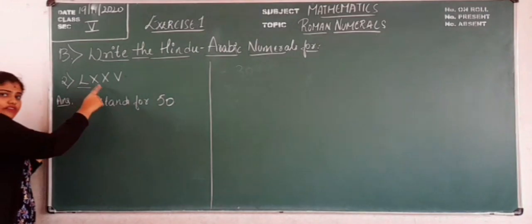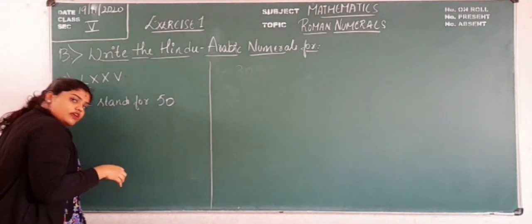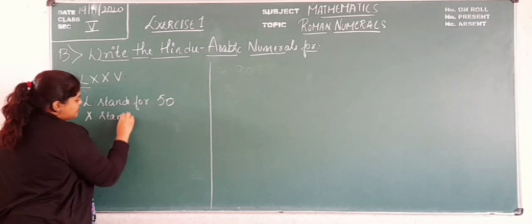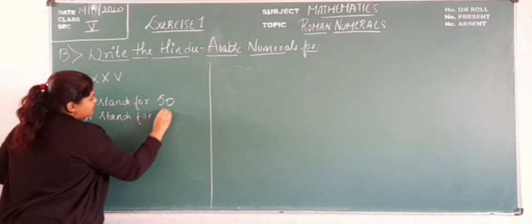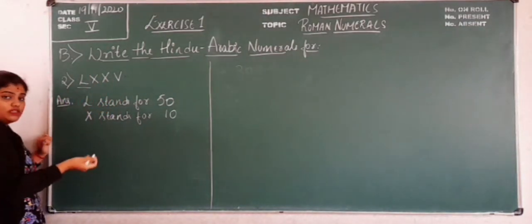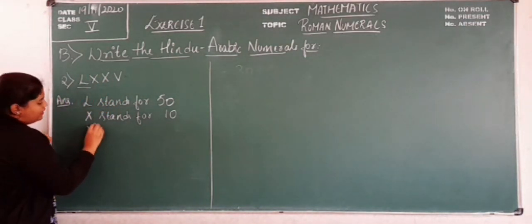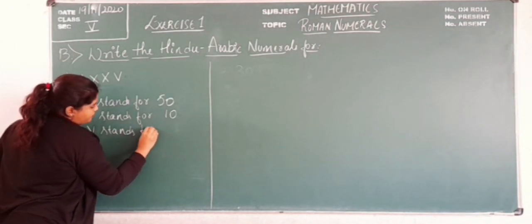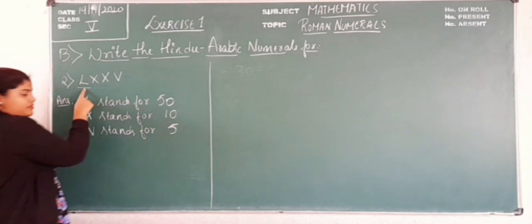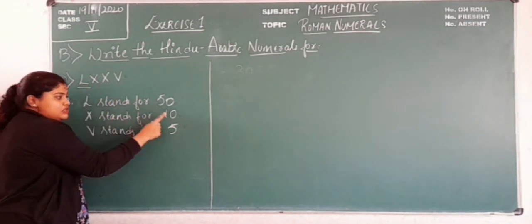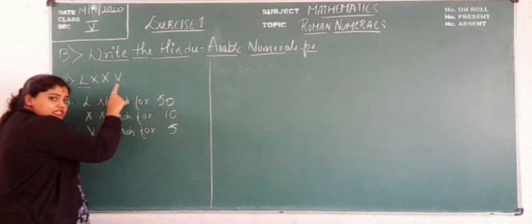Next we have X, which means 10. Then we have the symbol V, which stands for 5. So here the first symbol is L, which means 50. Next we have X, which is 10. Now V means 5.